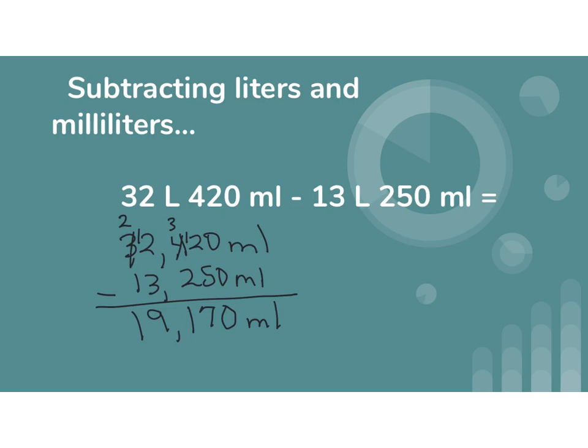Okay, if we do the subtracting here, we will get 19,170 milliliters. That would be in the smallest unit because milliliters is smaller than liters. Or we could write it as mixed units, which would be 19 liters and 170 milliliters.